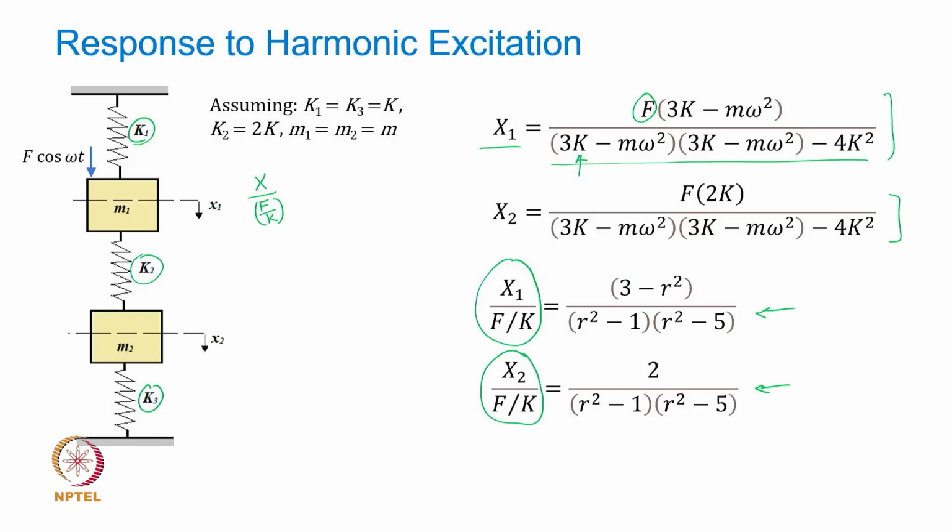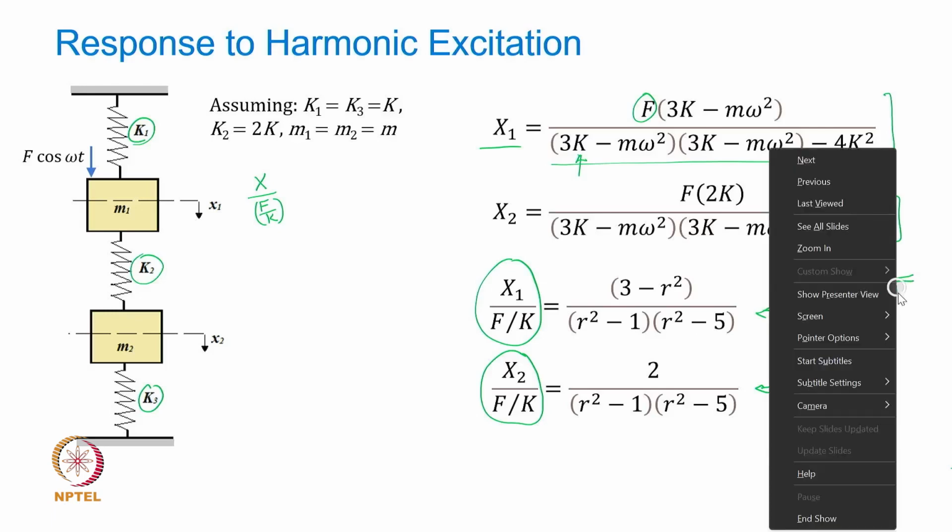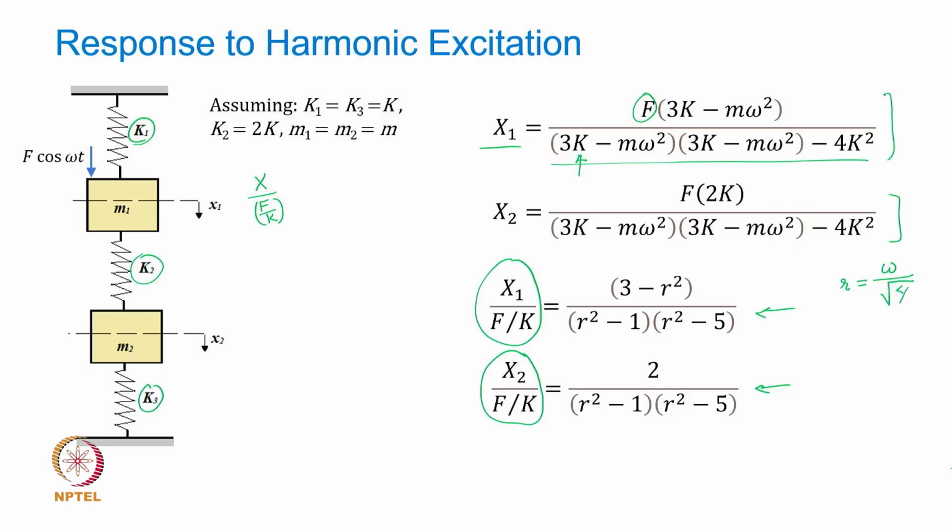And on the right hand side you have this expression wherein I have assumed r to be omega by square root of k over m. I need some reference frequency for normalizing it.